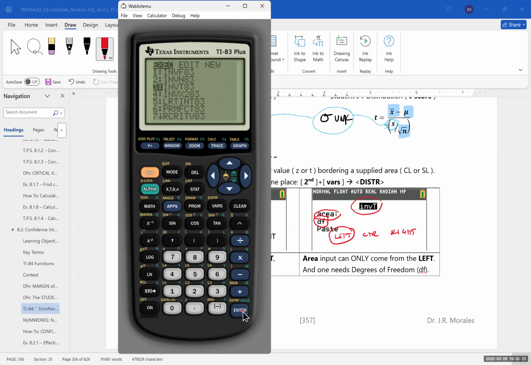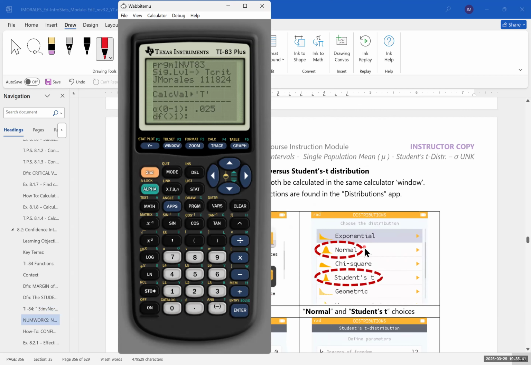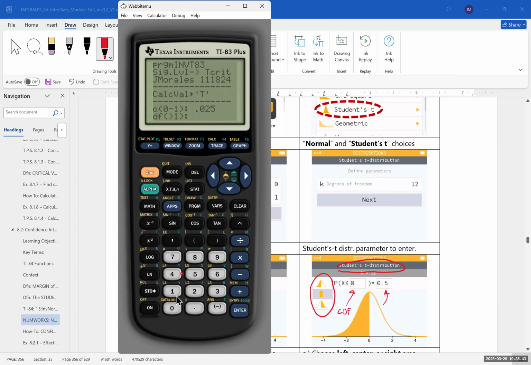This is another one that I've written. And you put your significance level. So we'll put maybe an area of 0.025. Degrees of freedom, maybe we'll do 12. And we want it in the right tail.